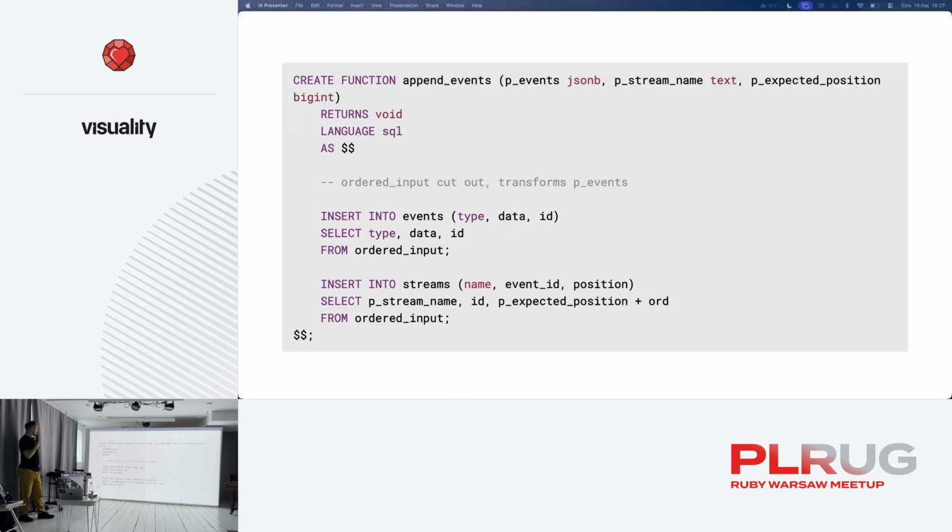Let's imagine two concurrent update operations, and they both want to append events that are the result of a decision taken when there was a very particular expected position, like when there was only one event in the stream and the position of that event was 1. When the insert happens, it starts with that position, and if the second append tries to write to this position, which should be unique, it will fail.